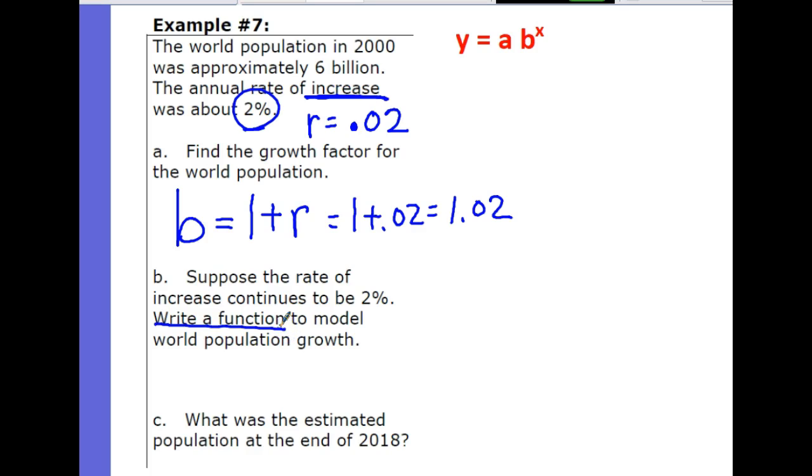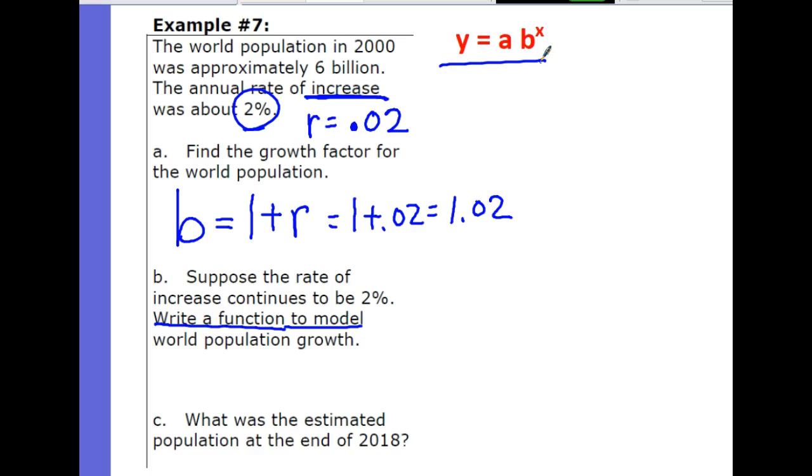Do we already know what write a function means? What's another way to say that? Sometimes it says write a function model. This says write a function to model. That means write the equation. So this is the equation that we're writing. What does the A stand for? The initial value.